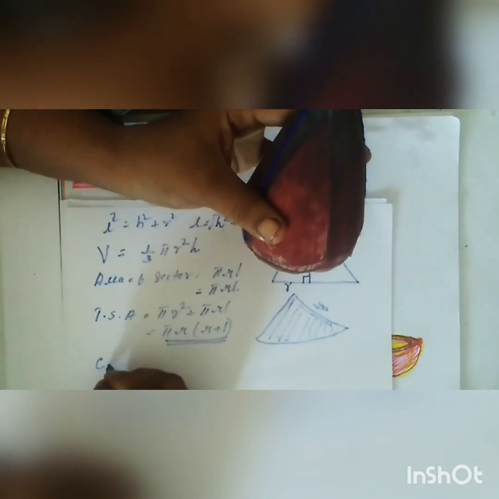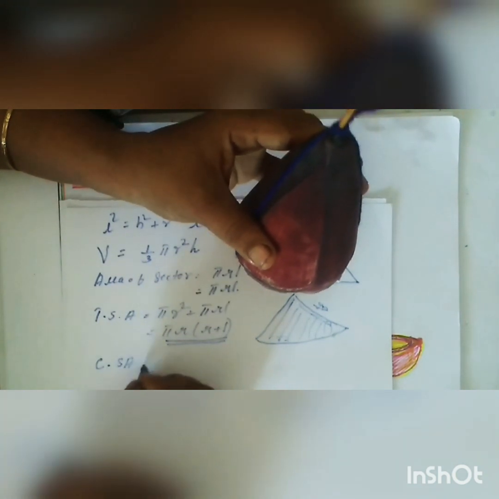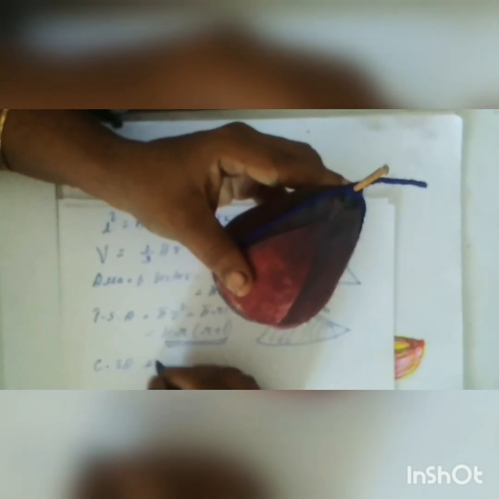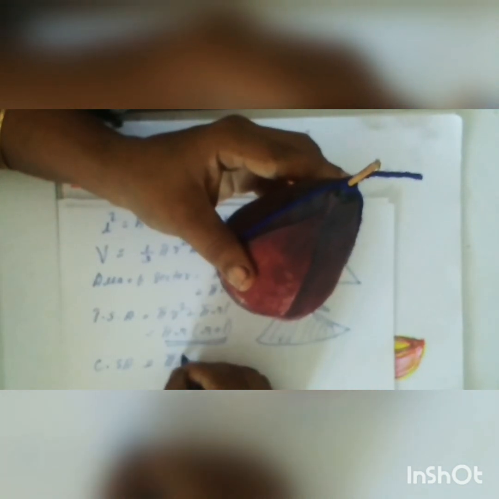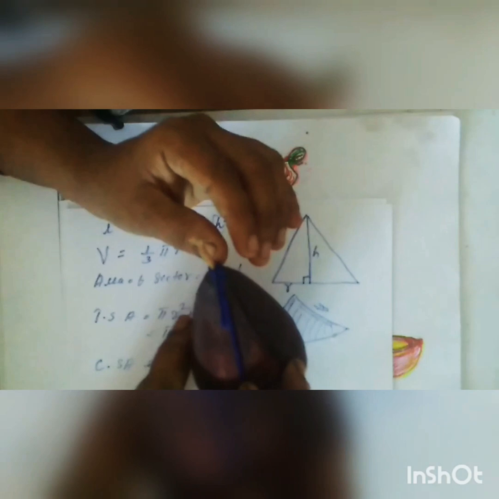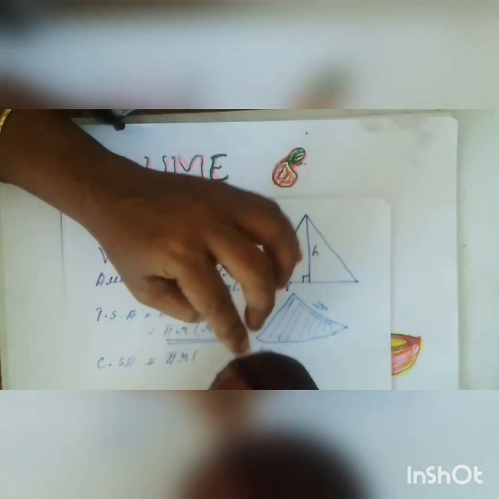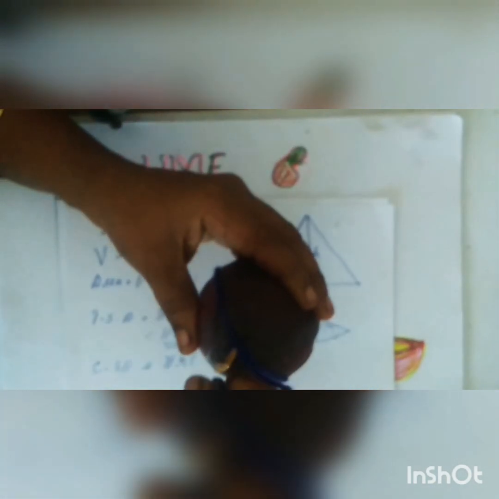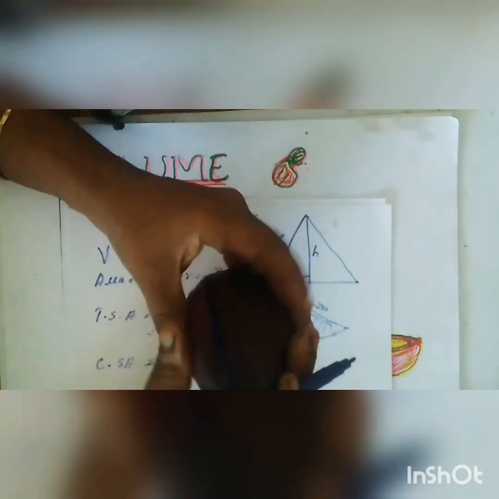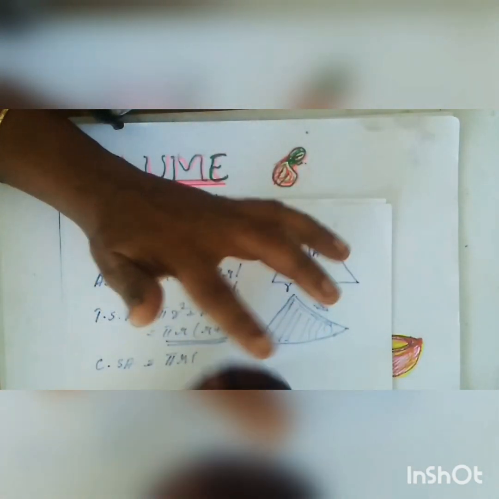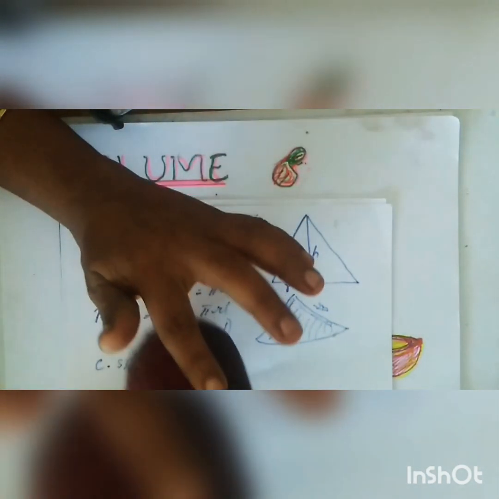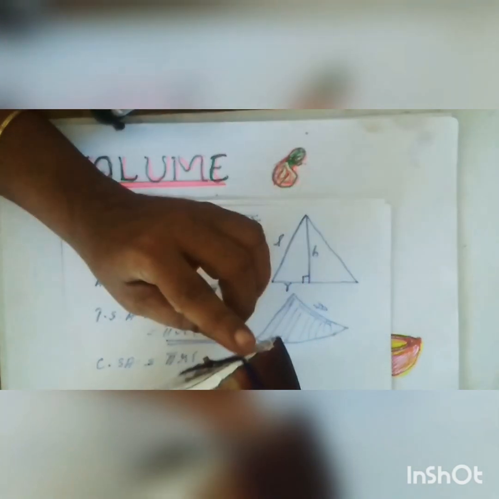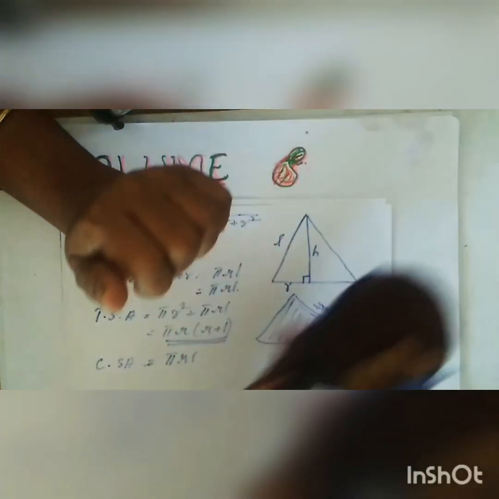Also, CSA or curved surface area can be calculated using the formula pi r L. This is L, the inner height is represented by H, this slant height is represented by L, and this is the R of the cone.